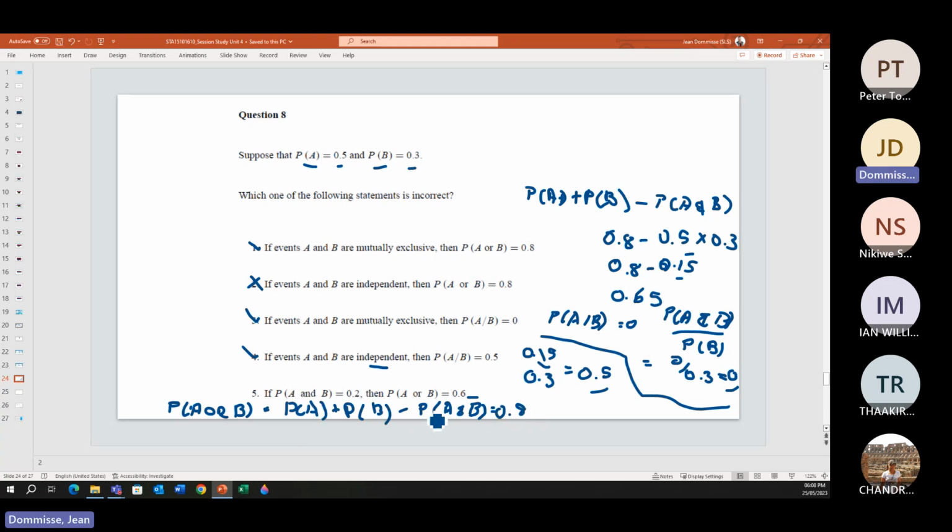They tell us that the AND is 0.2. So 0.8 minus 0.2 is 0.6, which makes that one correct again.